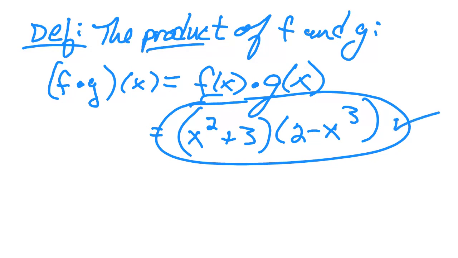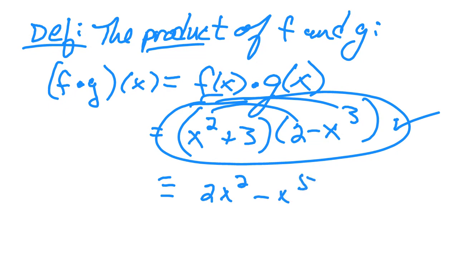This is good enough for me, unless we need to simplify or keep going. But anyway, if you FOILed that out, what would that be? That'd be equivalent to you take x squared times each part, so 2x squared minus x to the fifth, and then plus 3 times all that, so plus 6 minus 3x cubed.